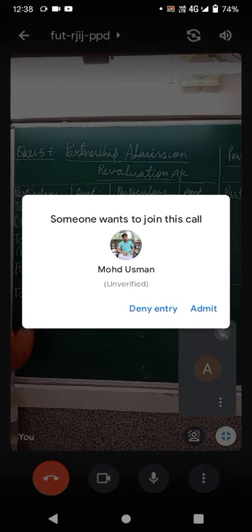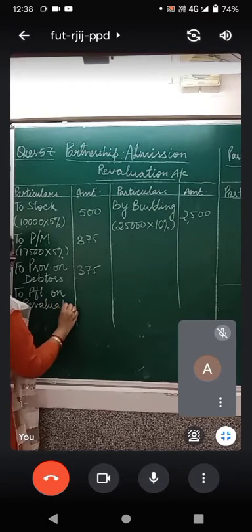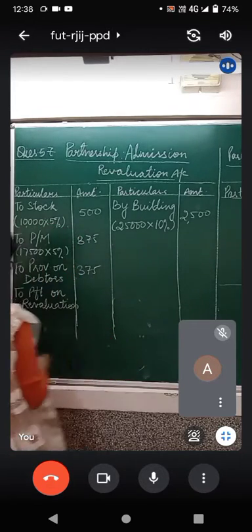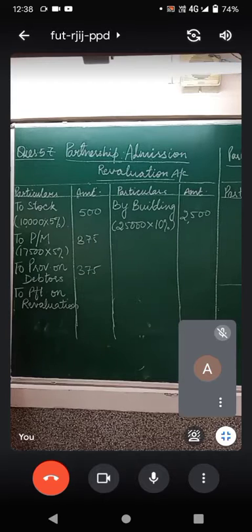To profit on revaluation, and it is to be distributed among A's capital and B's capital in the ratio 2:1.